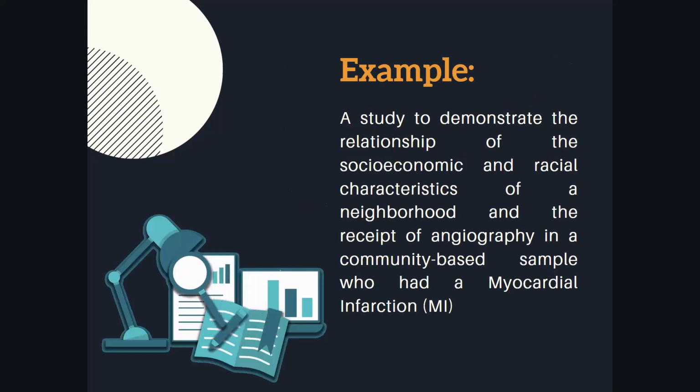For example, a study to demonstrate the relationship of the socioeconomic and racial characteristics of a neighborhood and the receipt of angiography in a community-based sample who had a myocardial infarction.